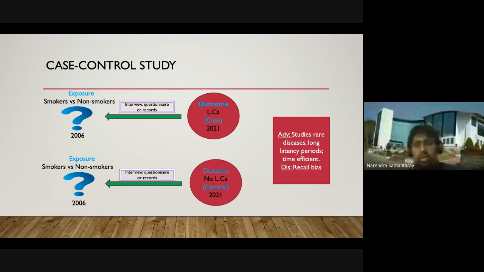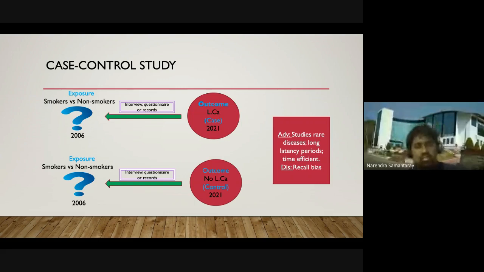Again, this can also be done for a long latency period. In a prospective cohort study, you are waiting 15, 20, 25 years as per the latency period of a certain condition. Say, for example, in the marshmallow study, they waited 15, 20 years to see the effects on academic achievement and marital achievement due to the nature of delayed gratification.